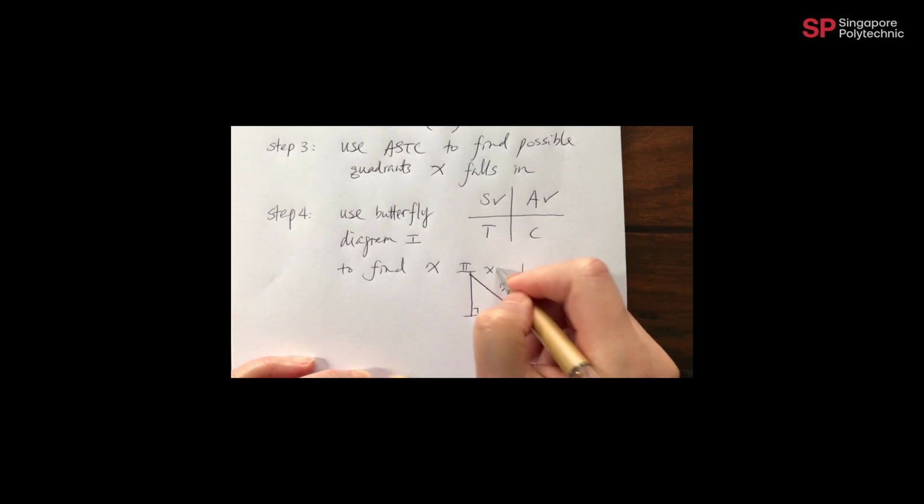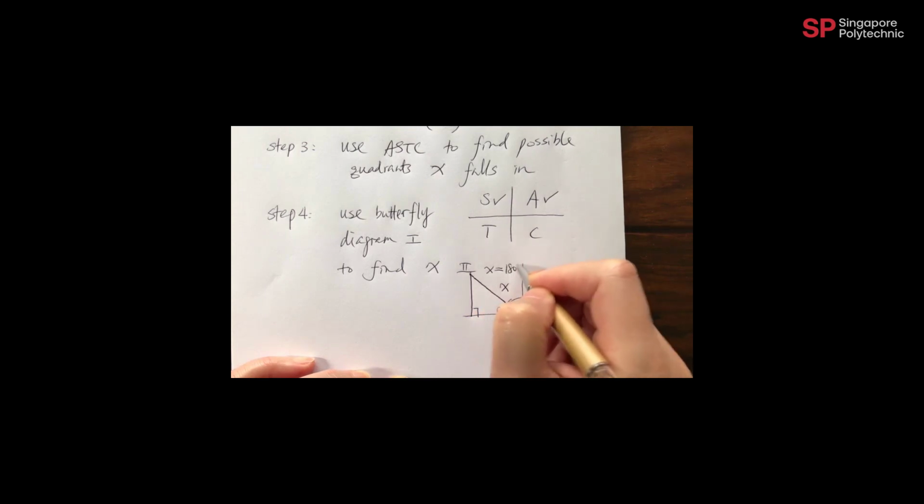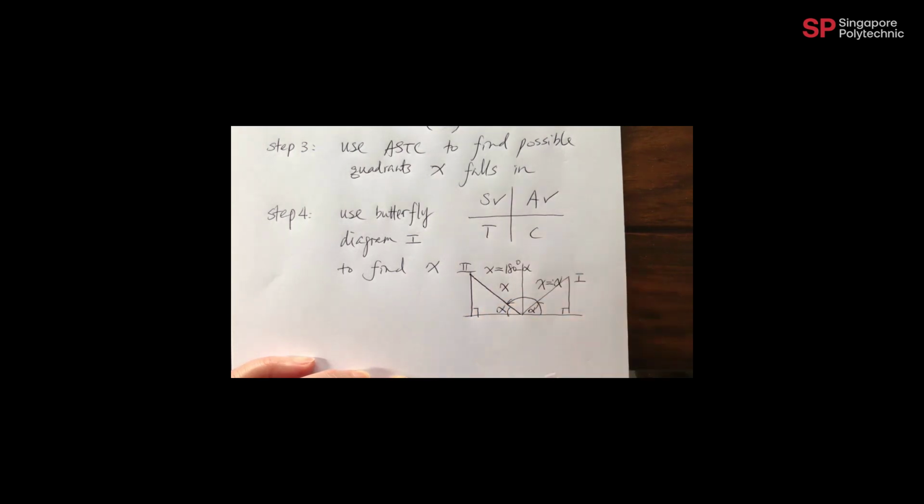So x equals 180 degree minus alpha. This is what we mean by using our butterfly to determine x. So x equals alpha, 180 degree minus alpha. Now substitute what we found, which is 30 degree: 180 degree minus 30 degree. So the two answers that we found are 30 degree and 150 degree.